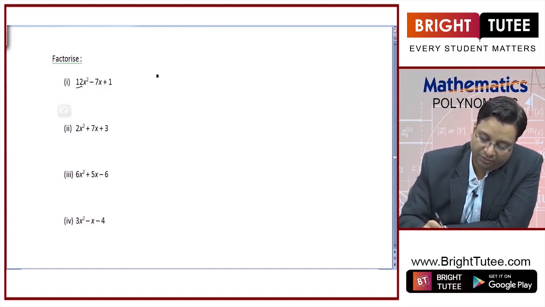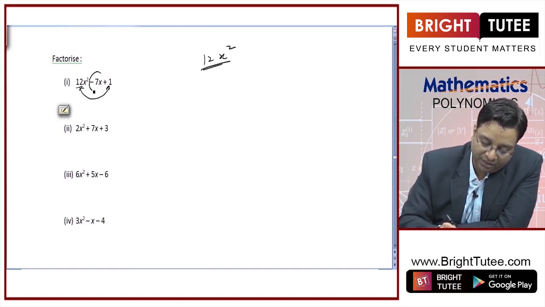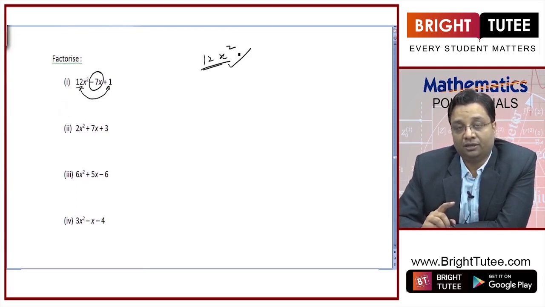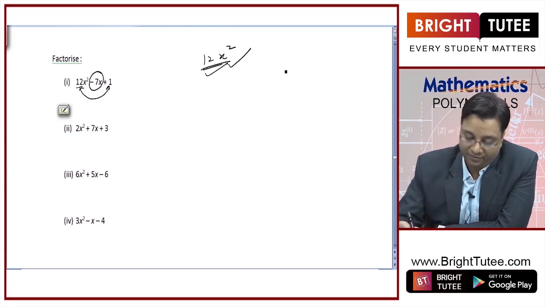So to split the middle term, I need to see this product 12x square. Now how should I split minus 7x so that I get 12x square as the product of those two factors?